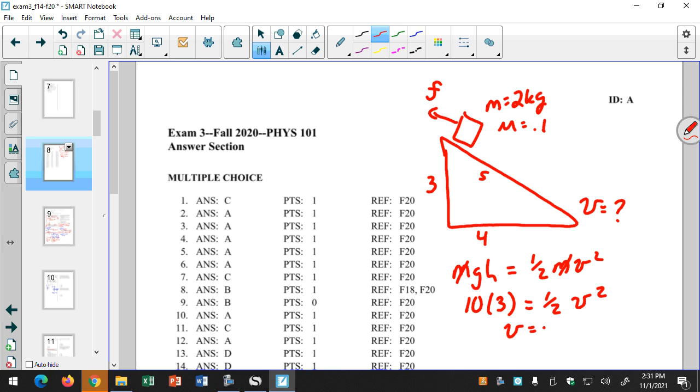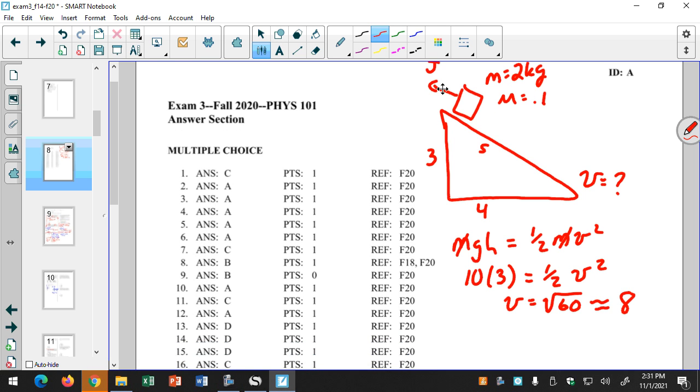So v is the square root of 60, which is approximately 8. We did a similar problem to this today. I divide both sides by 1/2, or multiply both sides by 2.